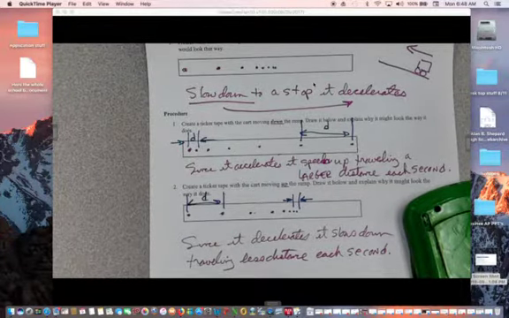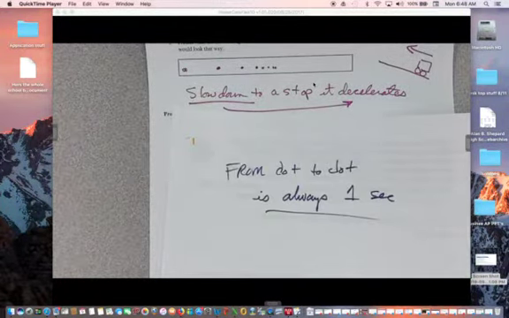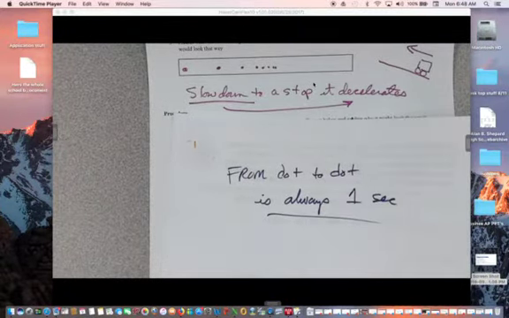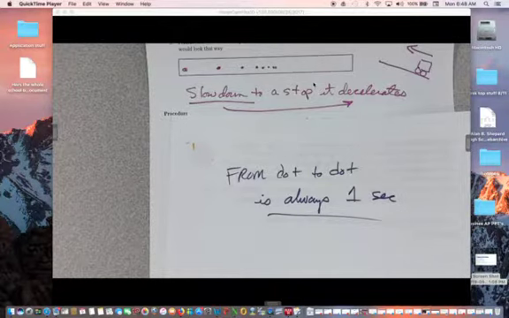From dot to dot is always 1 second. The spacing, that's different. That can change because whether you're speeding up or slowing down or going at constant speed, or you're going at a high constant speed or a low constant speed.